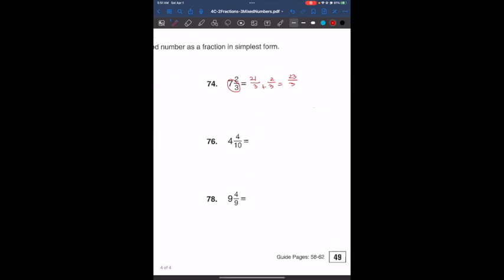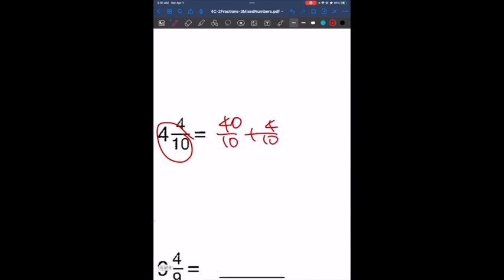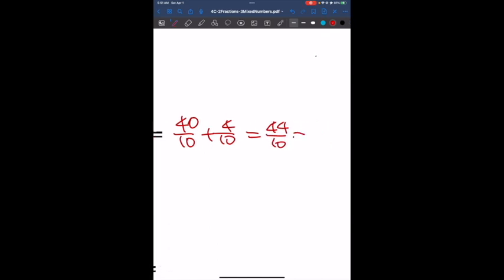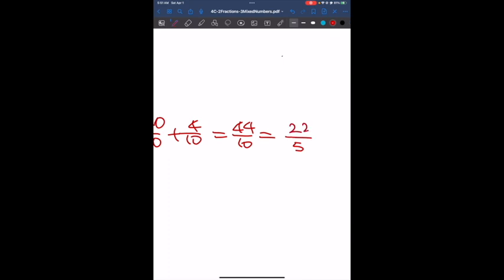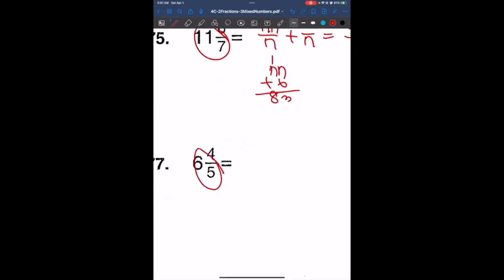Now for problem 76, again we multiply and add, and so that's going to give us 44/10, and we can simplify it by dividing by 2, so we're going to have 22/5. Then again multiply, so 30/5, and then add.